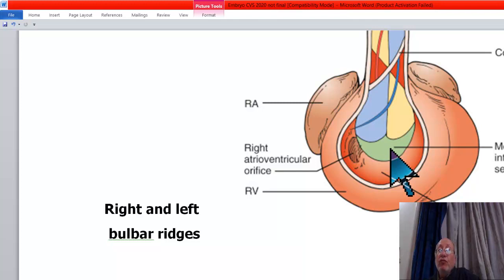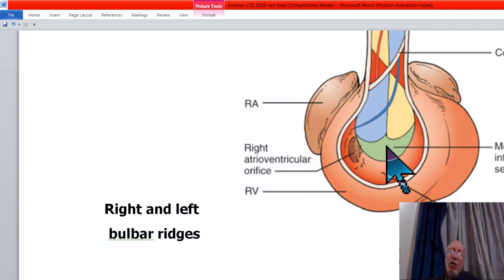After closure of the interventricular foramen, the middle part of the bulbus cordis, which is called the conus cordis, is also absorbed into both ventricles.